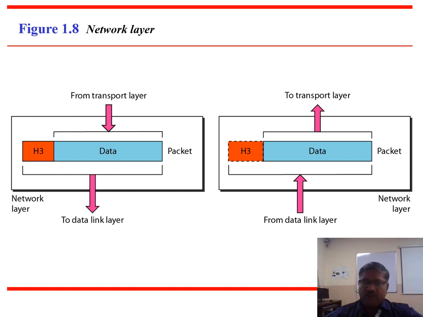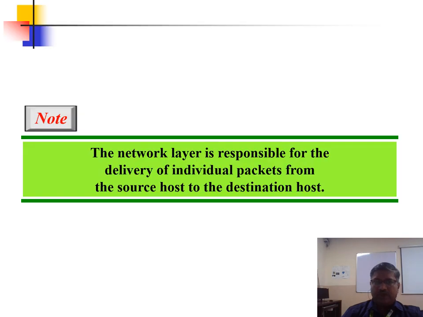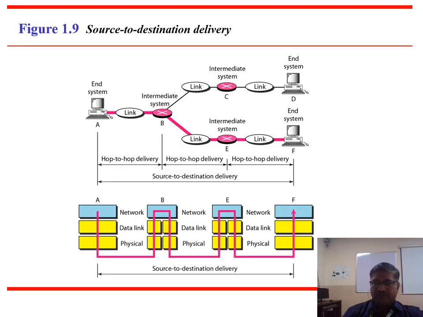Here in this diagram you can see what the data packet format looks like: header information and the data will be in the data packet. The network layer is responsible for the delivery of individual packets from the source host to the destination host. Next, source-to-destination delivery.